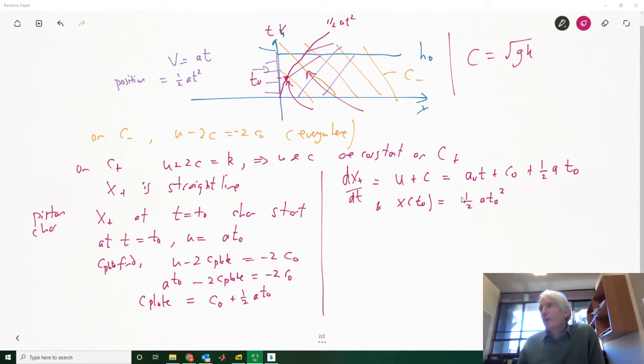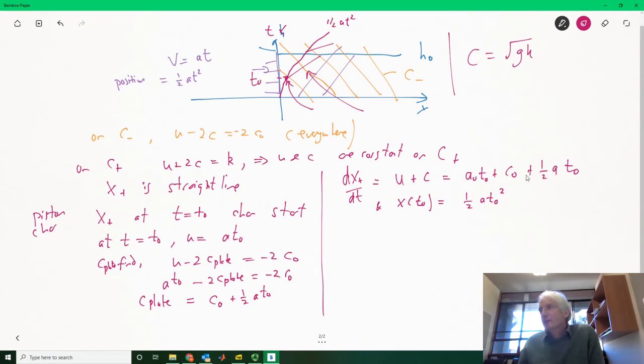If I solve that equation, this should be t naught, of course, because it's a constant, it doesn't vary along it. So this is just a straight line, so I just get x, which depends on t and t naught, where t naught is where it starts on the curve. So it's just a sort of a parameter that tells us where they originate from.